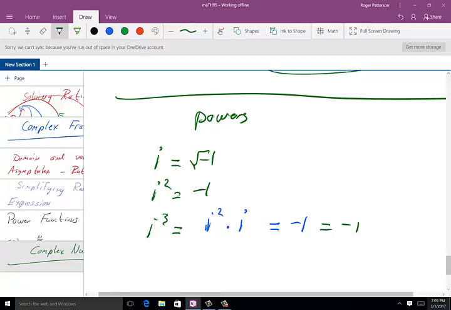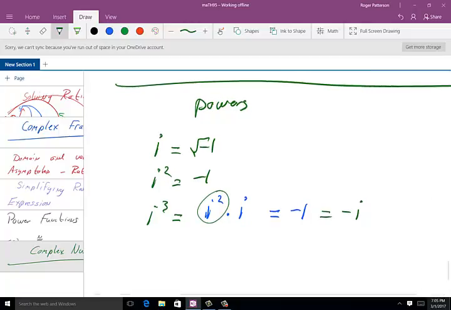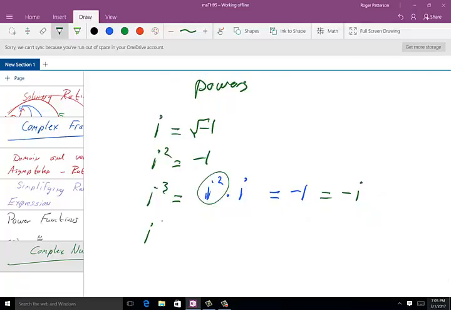That's an i squared right there, and this is i. So the whole i cubed is negative i. i to the fourth would be equal to i cubed times i. What did we say i cubed was equal to?